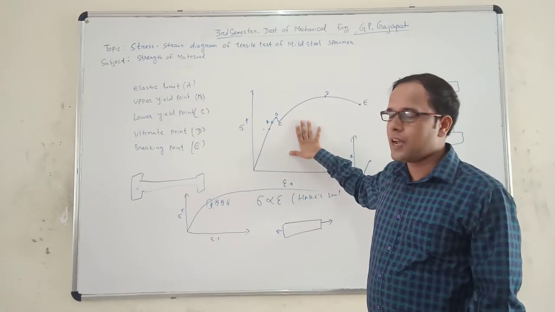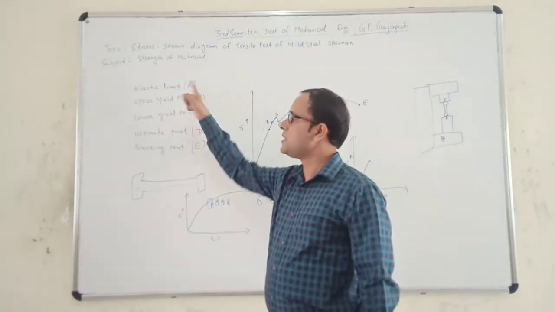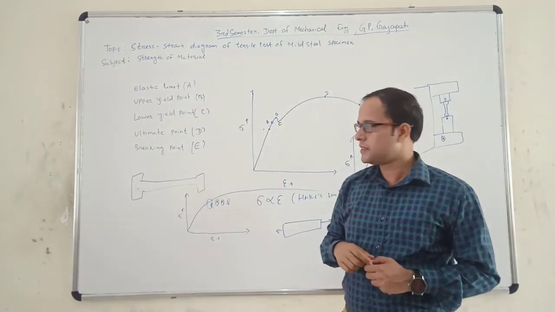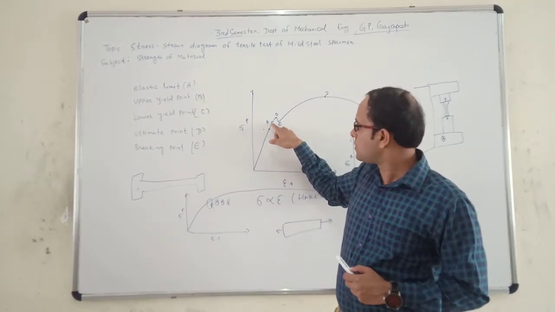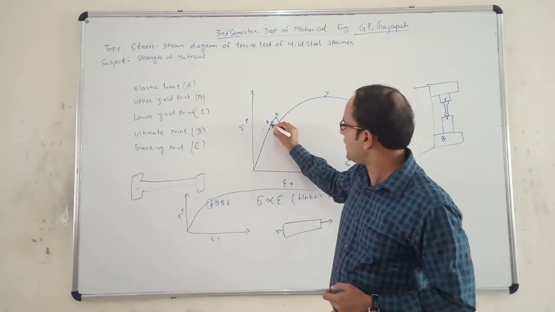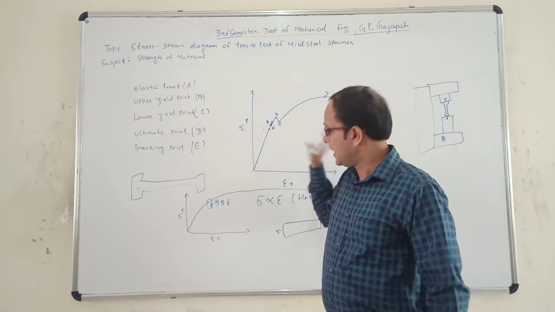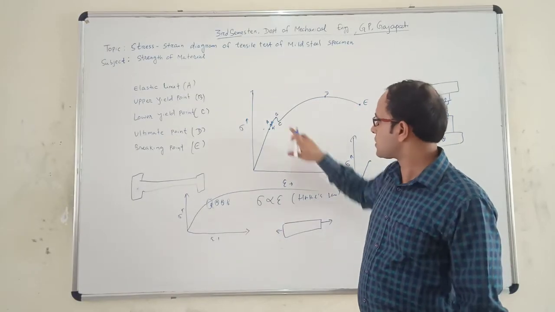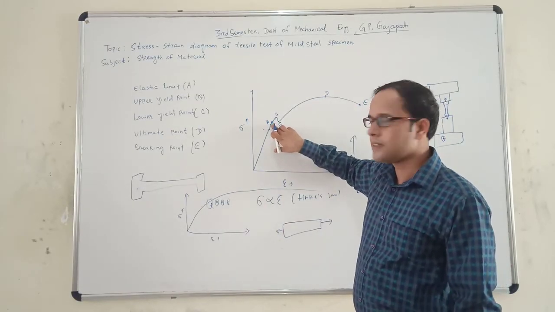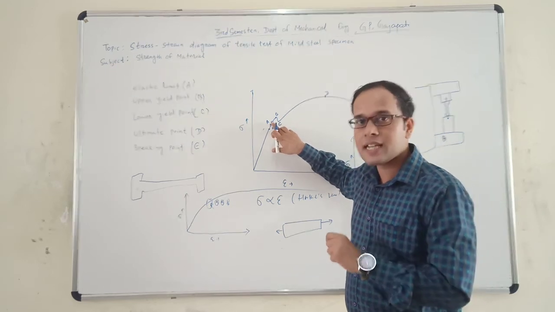And there is a difference between elastic limit and proportional limit. Before the elastic limit, we will reach a point, let that be A dash. This is known as the proportional limit. That means stress is exactly directly proportional to strain up to A dash. Then immediately we get the elastic limit.